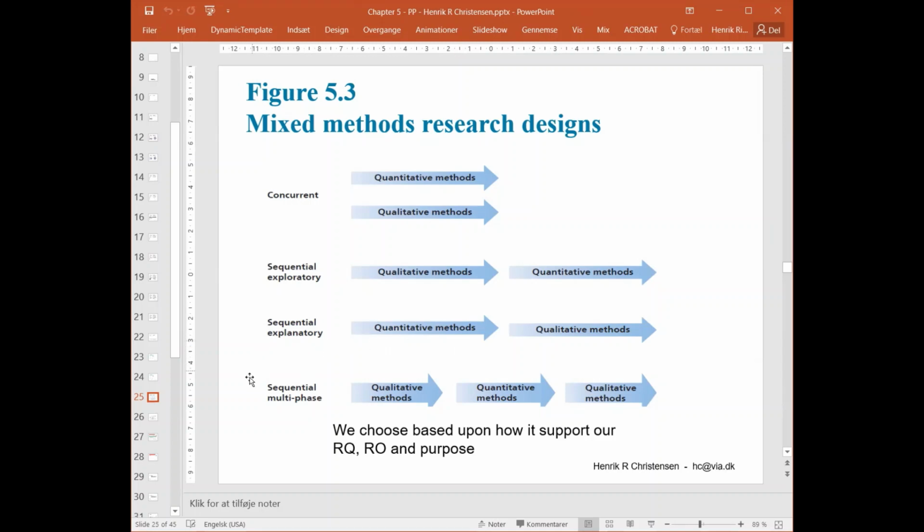And of course, the last one, sequential, multi-phase, qualitative, then quantitative, then qualitative. It might also be quantitative, then qualitative, and then quantitative. Same thing. But again, it's about choosing based on our research question, our research objective, and our purpose.